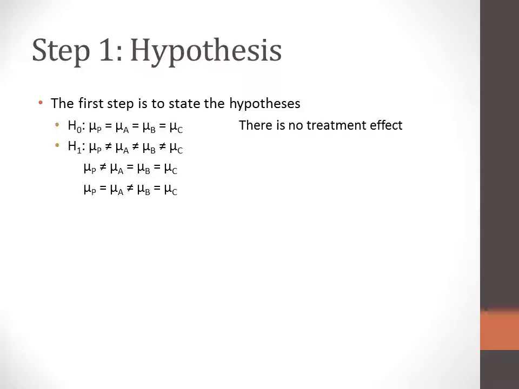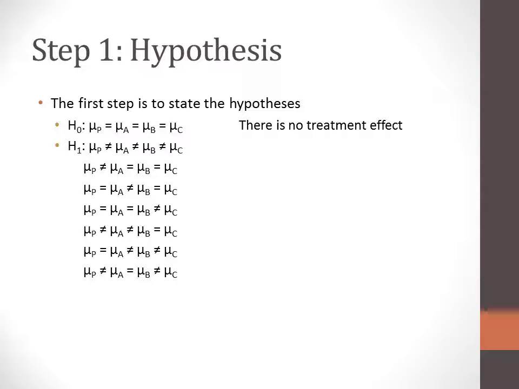You can have an example where the mean for the placebo and drug A is the same, and the mean for drug B and drug C is the same, but those means are not equal, and so on and so forth. So here's some different examples of possible combinations.